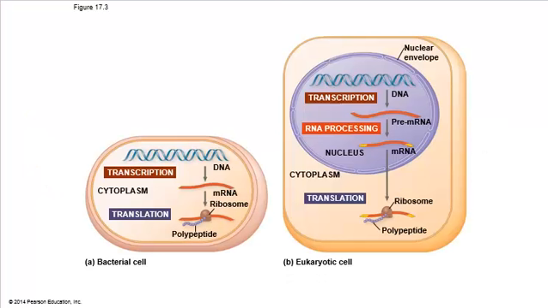So if you look at this overview of the transcription and translation and the flow of genetic information, you can see that the basic mechanics of transcription and translation are similar in both eukaryotic organisms and prokaryotic organisms or bacteria.